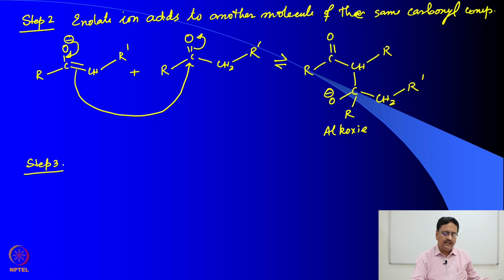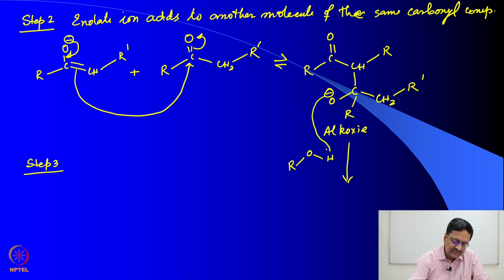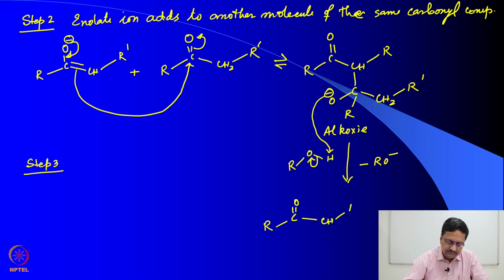So, now step 3 is the reaction of this alkoxide ion with the alcohol that is present in the medium, because if you remember, in the first step it eliminated a particular alcohol. So, what we have in the reaction medium is this ROH. So, this O minus abstracts the proton from alcohol, and RO minus is released, and we get the product of this reaction, which is the corresponding aldol.